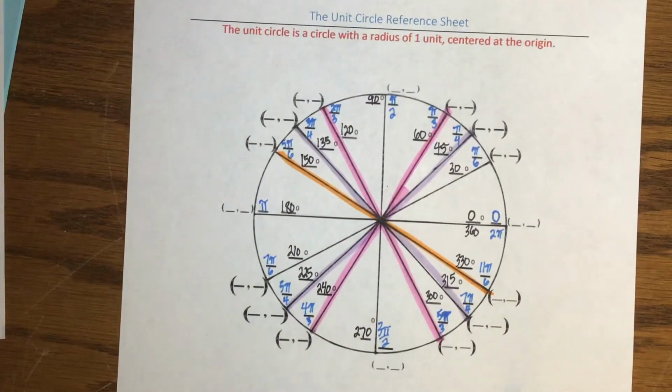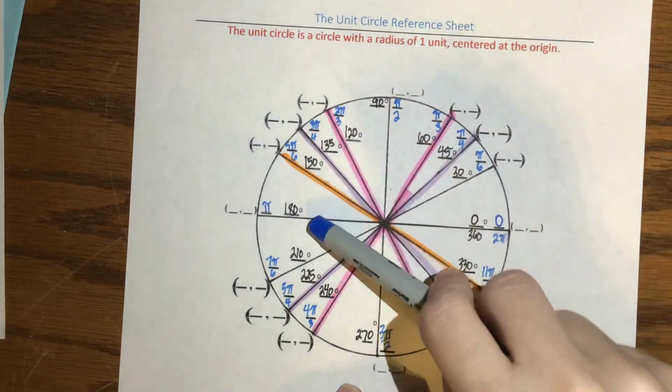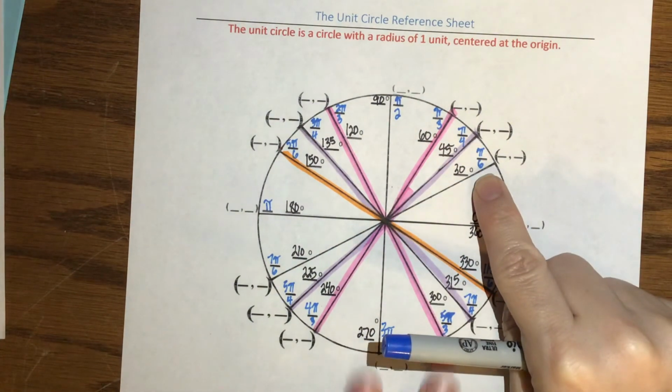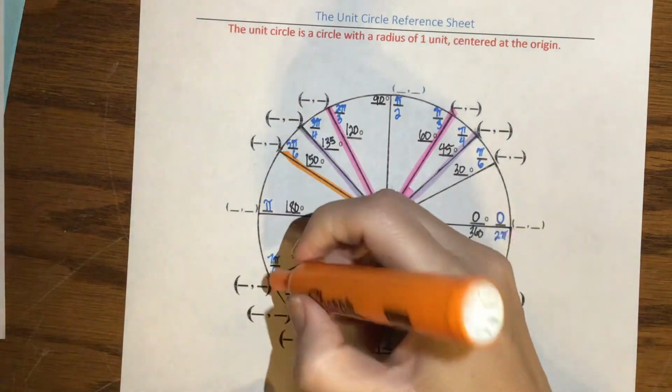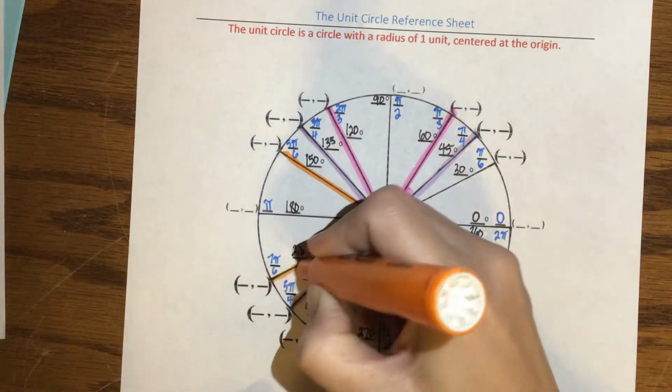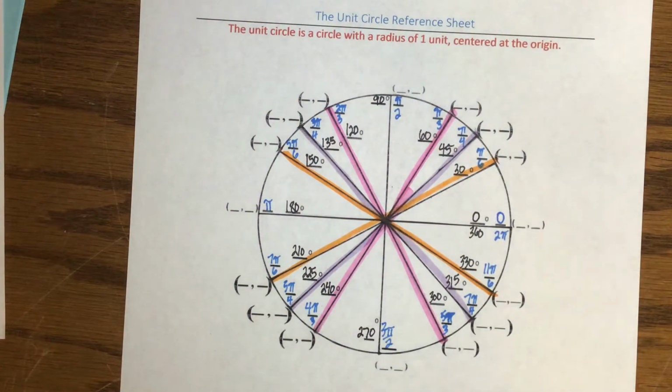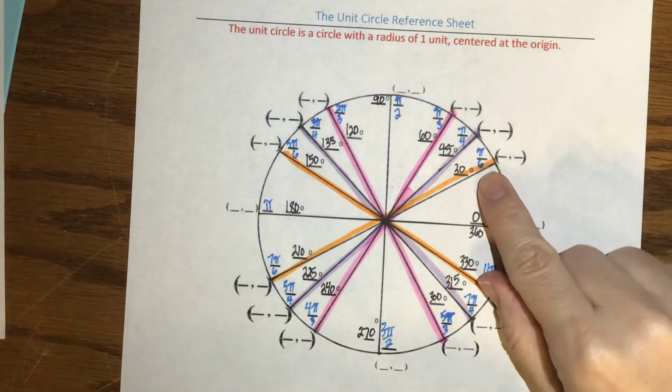Alright, ready? So let's do the 30 degree ones. It split this into 6. Ready? 0. 1 pi over 6. Whoops. Didn't get that highlighted. There we go. So I'm using orange and pink right now. 1 pi over 6.